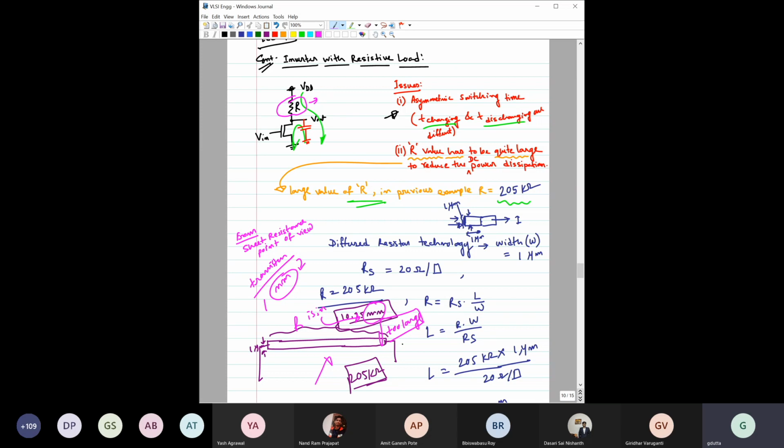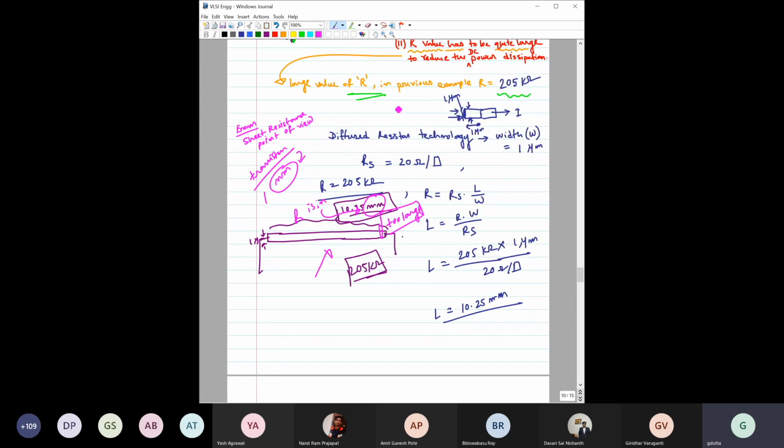And as a MOSFET takes very little area, our next design would be quite better in terms of space requirement, if we can replace this R with a MOSFET. So this is the verdict that we have reached, that this is not a good design in terms of VLSI technique.